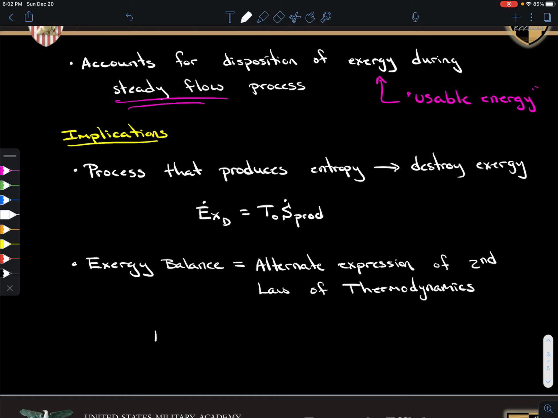So an implication there, right, is that exergy destruction, if we describe it in terms of greater than, equal to, or less than 0, then we would say this thing is irreversible.